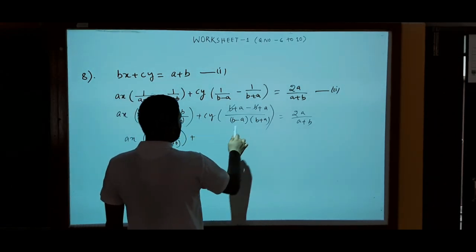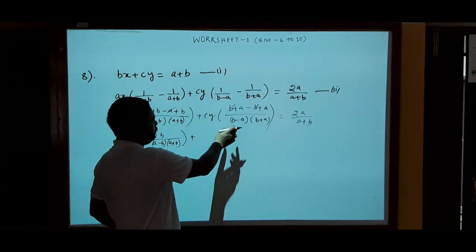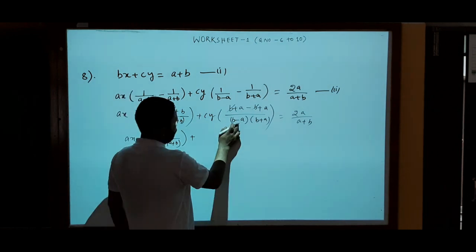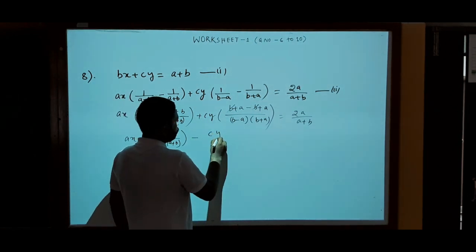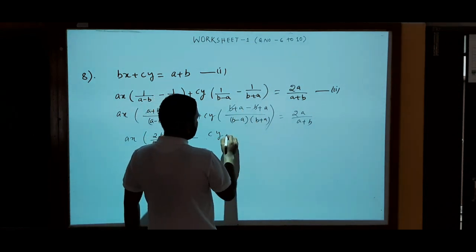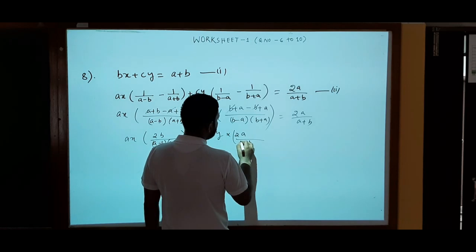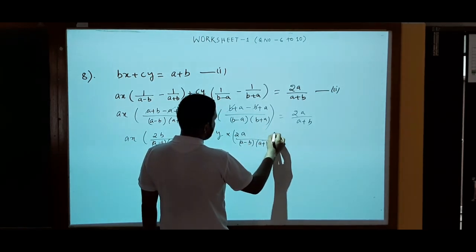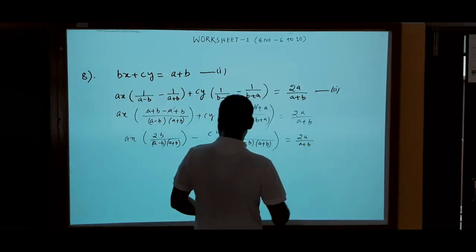Now check, here it is given b minus a, but here it is a minus b. Okay, to bring it in the form of a minus b, if we will take common minus here, that minus will directly multiply with this. So cy and a plus a is 2a and it will become a minus b, and a plus b I can write, b plus a I can write a plus b, equal to 2a upon a plus b.